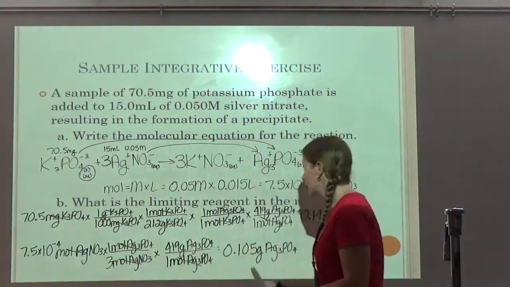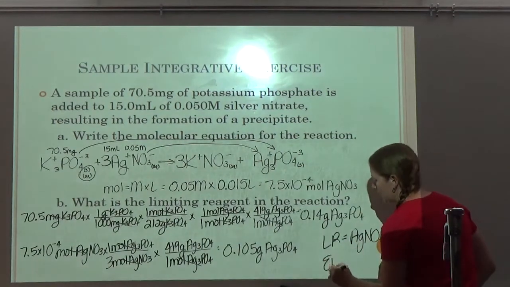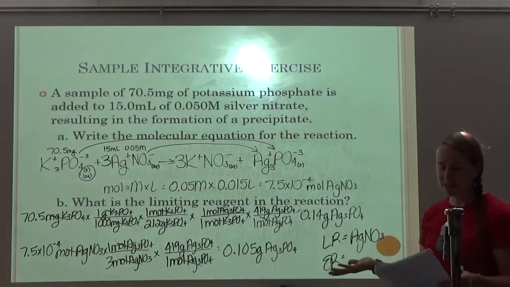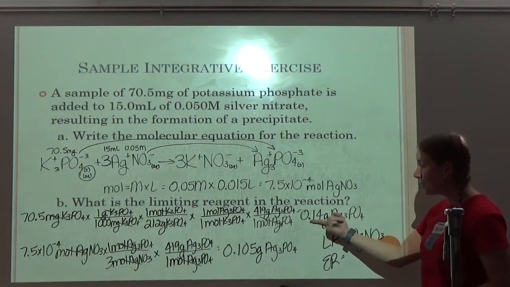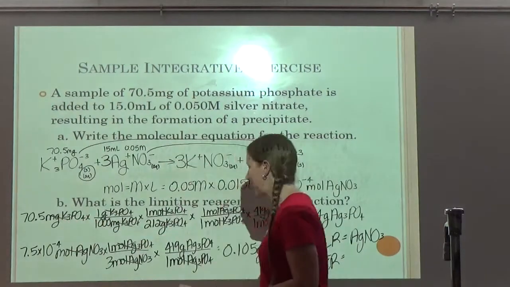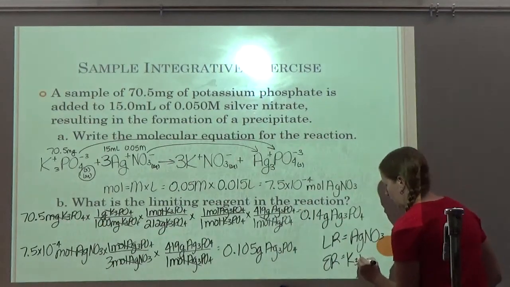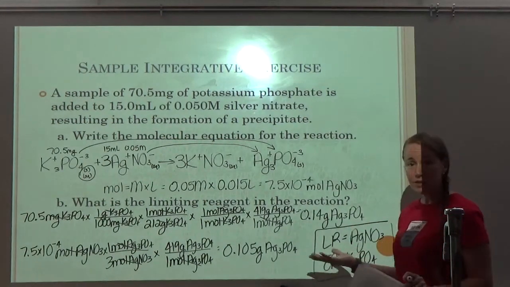So my limiting reagent would be the silver nitrate. Now it didn't ask me for my excess reagent, and obviously it's just the other one, but just in case it did, I find my higher number, I go back to the front. That is my excess reagent, so K3PO4. Okay, so that's our answer for part B.